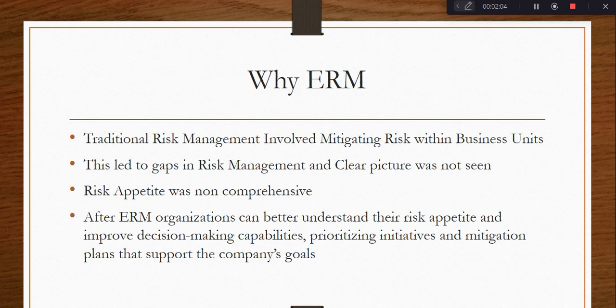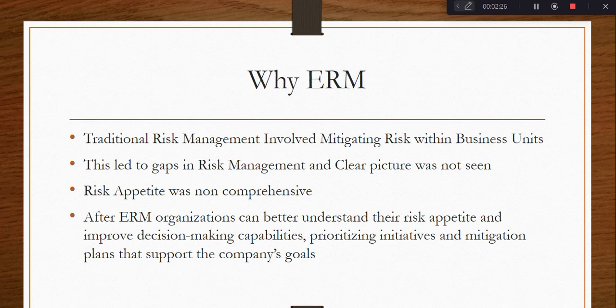Now, why ERM? As I told you, from 1920 onwards, risk management was present and we were trying out new risk management techniques. These traditional techniques involved mitigating risk within business units.